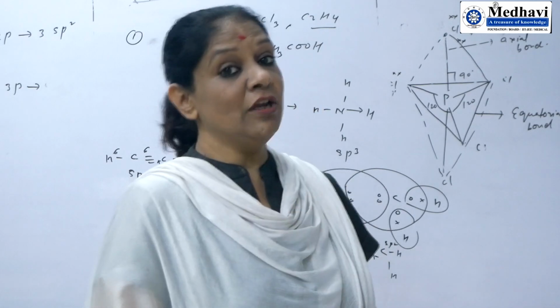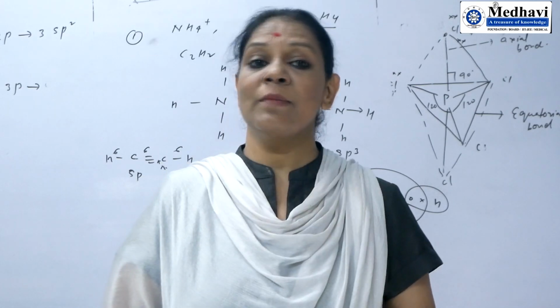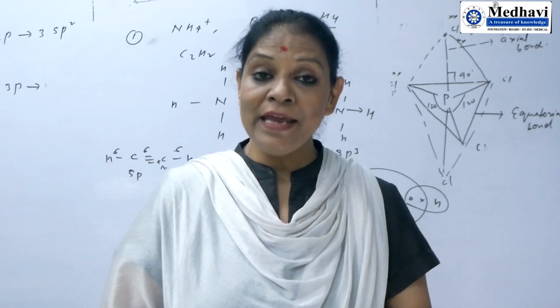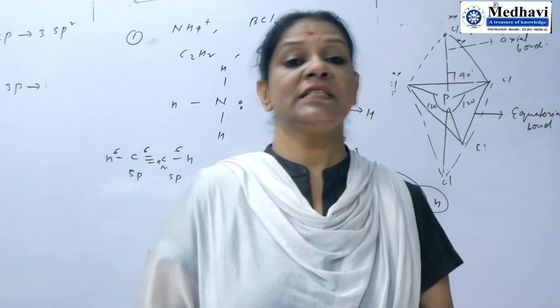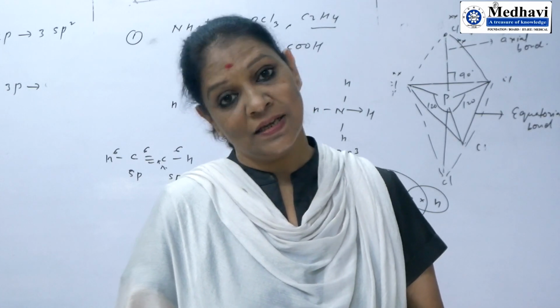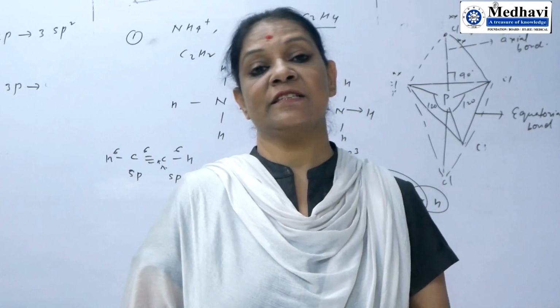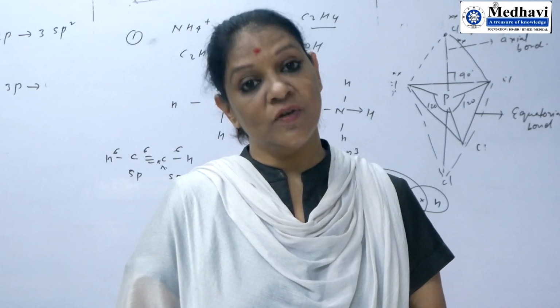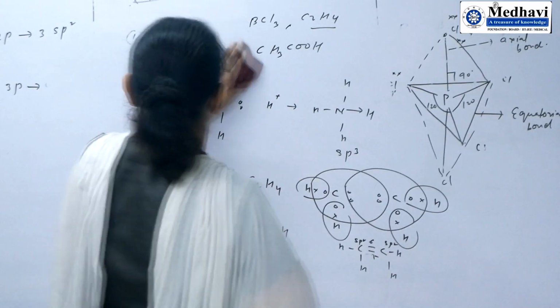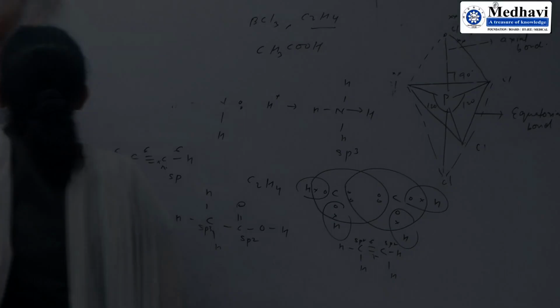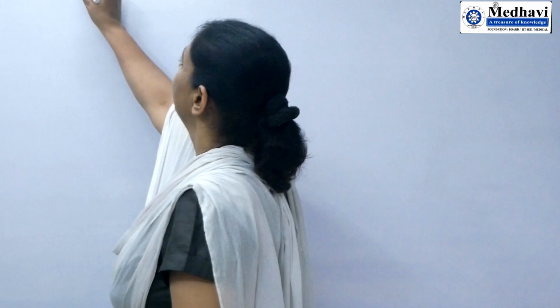So first, in order to show bond formation in ethine and ethene, we should know the differences between sigma bond and pi bond. Then we can explain the structure of C2H2 and C2H4. So I want to explain this using a proper diagram. First we will see the differences between sigma bond and pi bond.